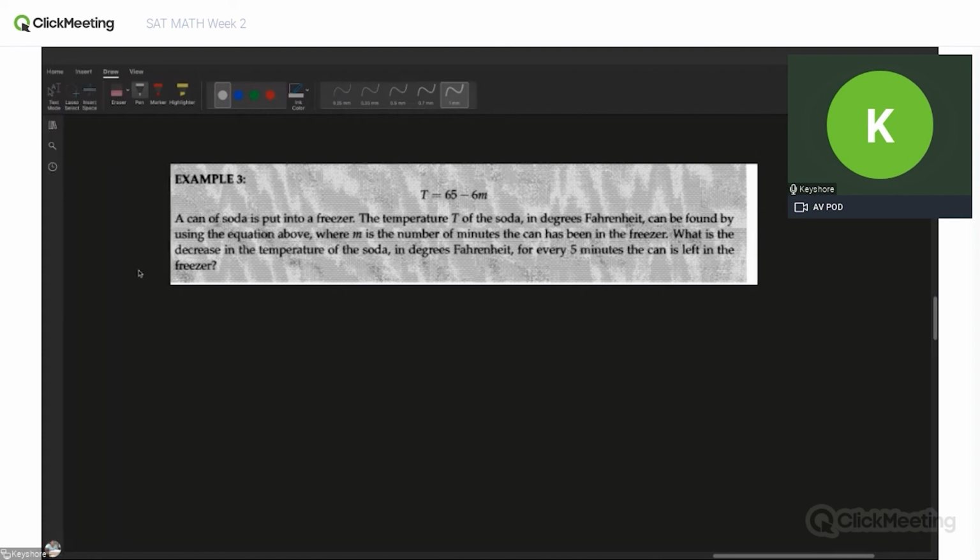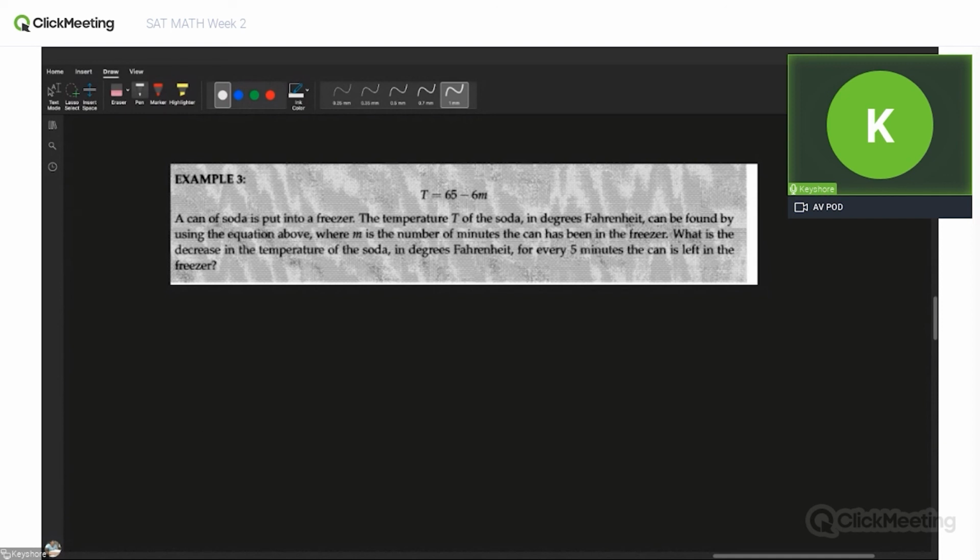A can of soda is put into a freezer. The temperature T of the soda in degrees Fahrenheit can be found by using the equation above, where M is the number of minutes the can has been in the freezer. What is the decrease in the temperature of the soda in degrees Fahrenheit for every 5 minutes the can is left in the freezer?